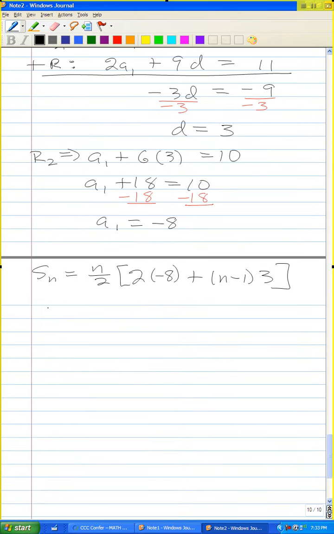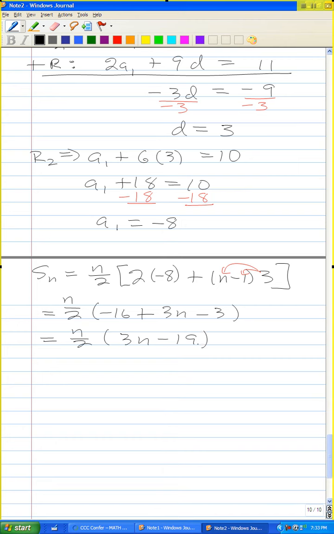And so S of n is equal to n over 2 times 2 times negative 8, which is negative 16. Let me multiply the 3 inside the parentheses. Plus 3n minus 3. And so I get n over 2 times 3n minus 19.